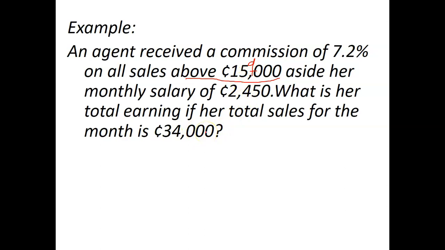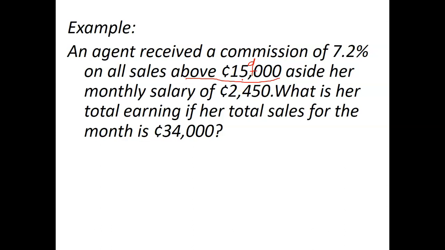So to get the total earning, you need to find the commission first, isn't it? But you need the commission amount in this question. So commission amount is 34,000 minus 15,000, isn't it? So 34,000 minus 15,000 gives you 19,000. So 19,000 is your commission amount. Are you following?